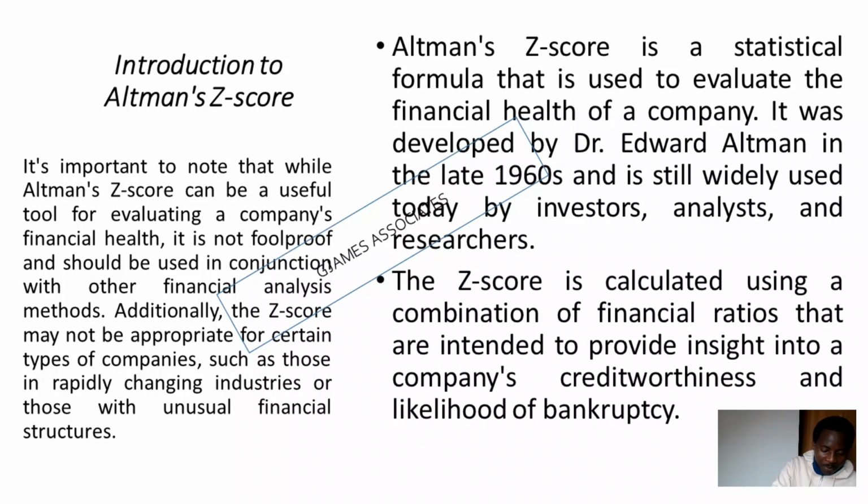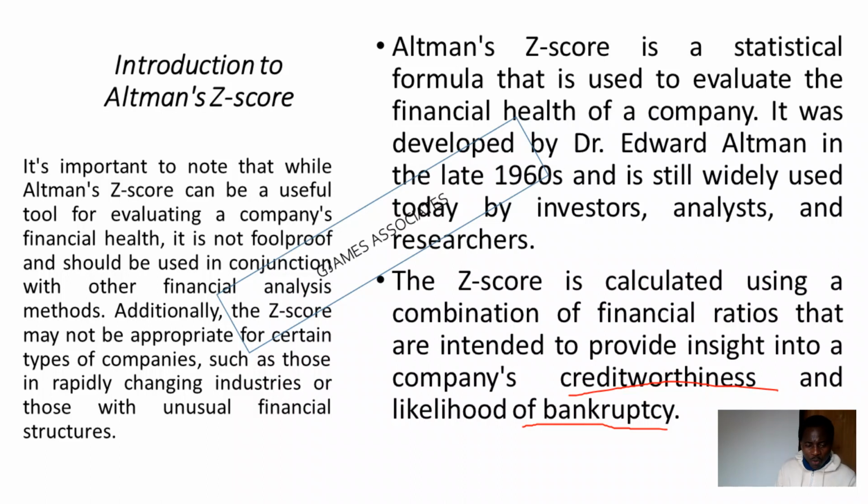Let me pinpoint them so that we will not forget. Please, we use it for credit worthiness determination and likelihood of bankruptcy. At least Z score could predict that an organization will be bankrupt in the next 2 years.